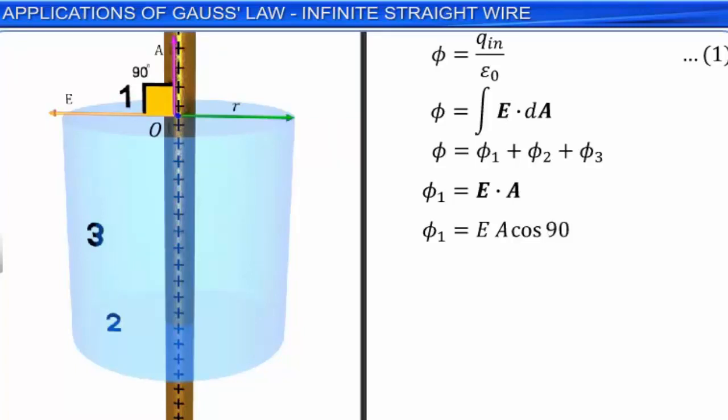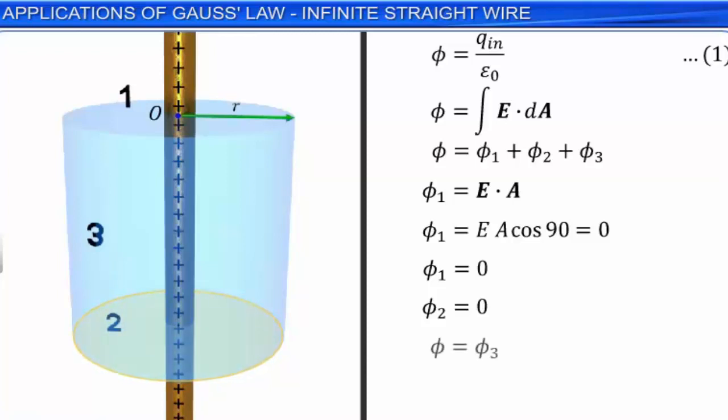Hence, flux phi 1 through this surface is 0. Similarly, we see that the electric field is also perpendicular to surface 2, and hence flux phi 2 through this surface is also 0. Hence, the total electric flux phi is equal to the electric flux phi 3 through surface 3, which is the curved surface of the Gaussian cylinder.